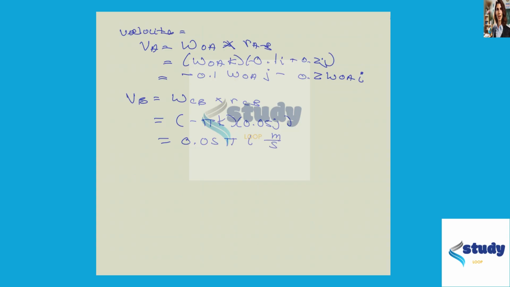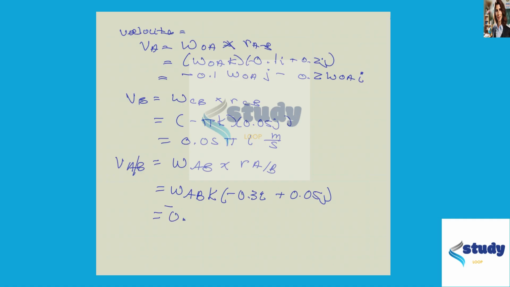and that will equal 0.05 pi I m per s. And for AB, we're going to get omega AB angular, and this will equal negative 0.3.